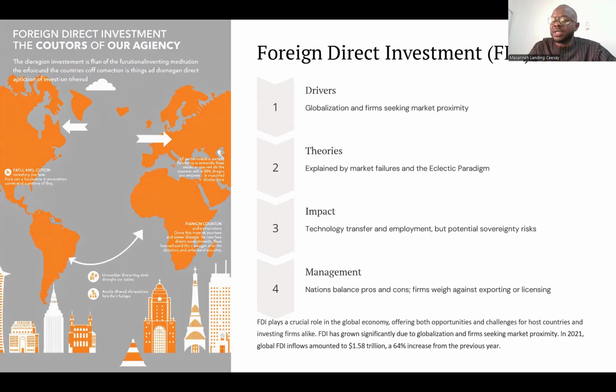So nations are struggling to balance the pros and the cons, and usually firms will be weighing this against exporting or licensing.